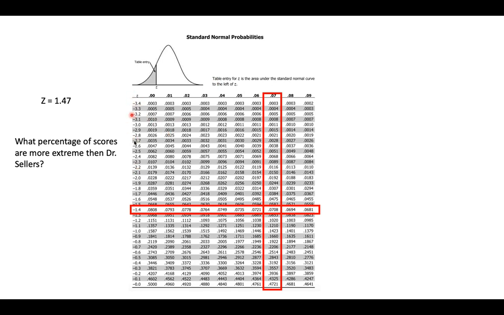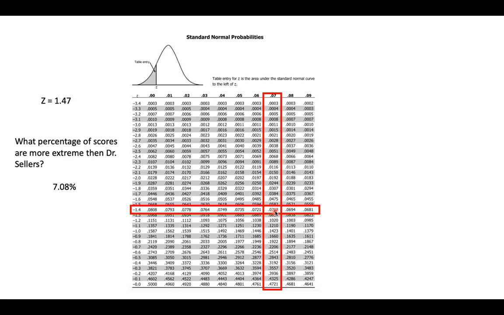So whether this table says positive or negative doesn't matter. We just have to keep in mind whether our value is actually positive or negative, right? But we just find the digits that we have. So our first 2 digits are 1.4. Our third digit, we come across the top, is 7. 1.47 means that the table returns a value of 7.08%, right?